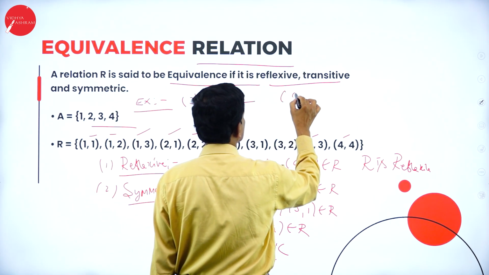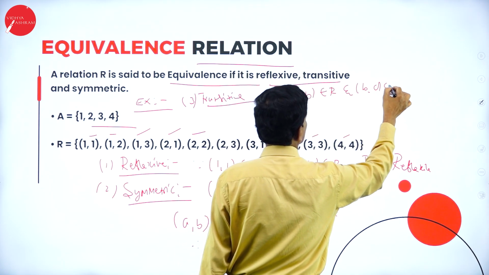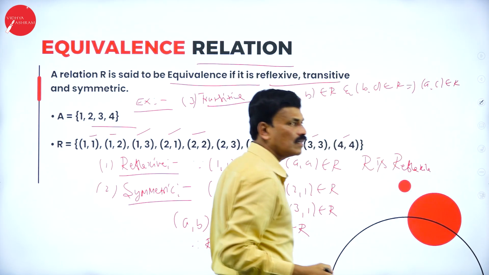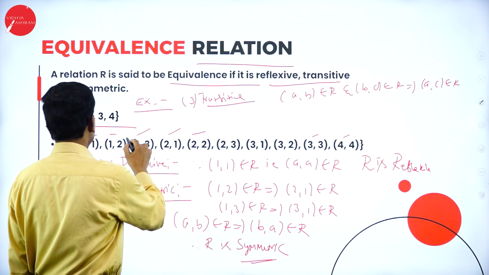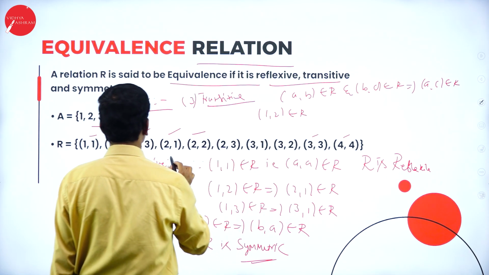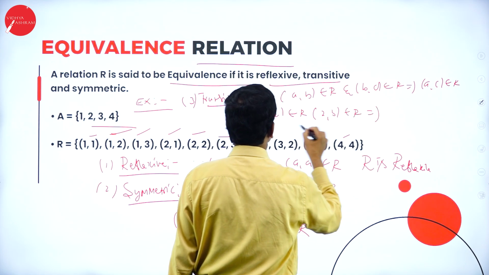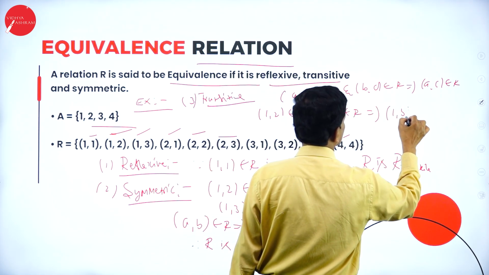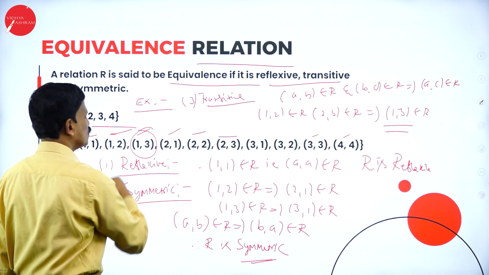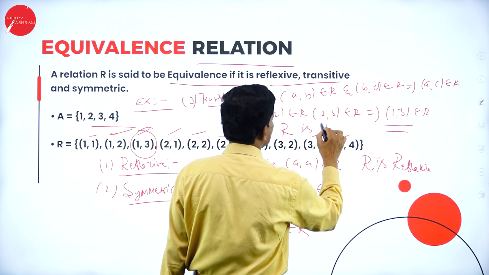For all (a,b), (b,c) belongs to R, if (a,b) belongs to R and (b,c) belongs to R, implies (a,c) also belongs to R. Now, let us take (1,2) belongs to R and (2,3) belongs to R, implies (1,3) also belongs to R. So, therefore, R is transitive.